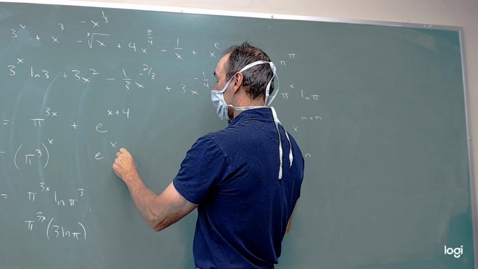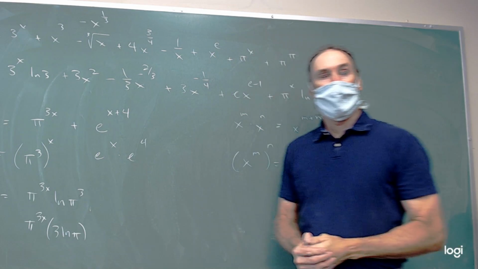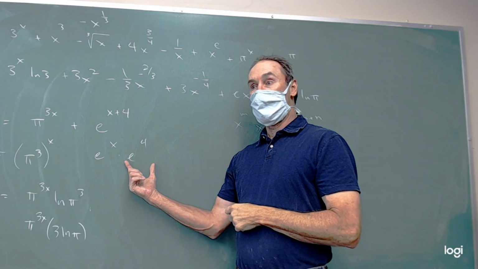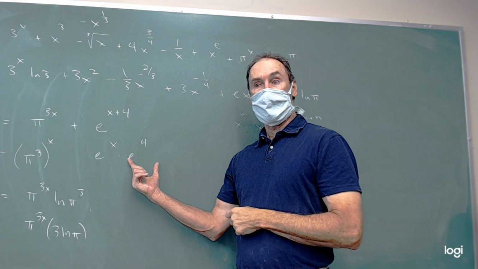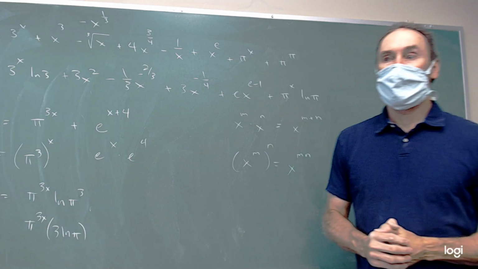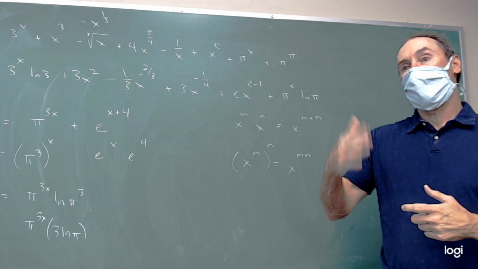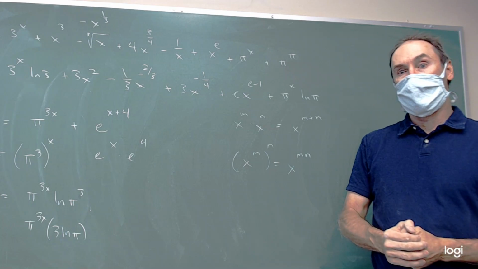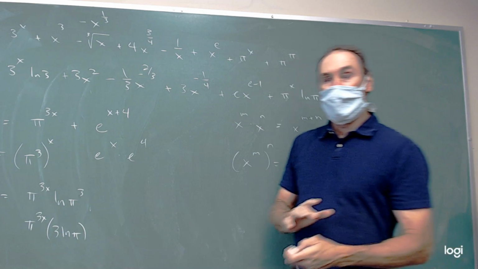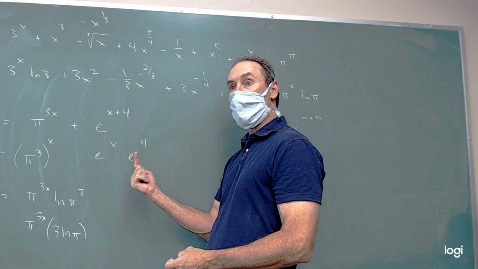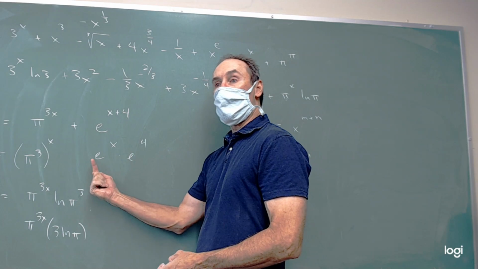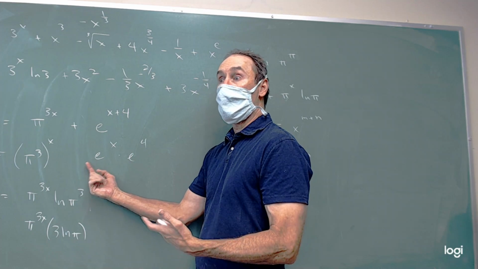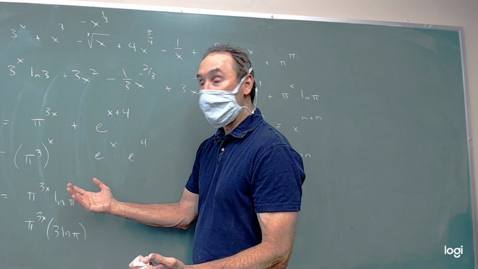e to the x times e to the fourth. Now you have a constant. Remember, this e to the fourth is just a constant times e to the x. So the derivative of a constant times a function is the constant times the derivative of the function. Follow all that? So the derivative of this is going to be that same constant times the derivative of e to the x, which is, now it's got an x in it.